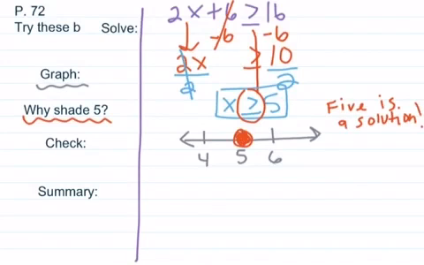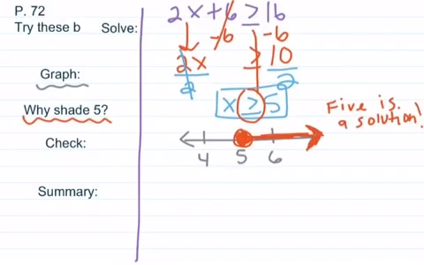Is 5 greater than or equal to 5? Yes, it's equal to 5, so 5 can be a solution. What else is a solution? The numbers to the left or to the right? It says x is greater than or equal to 5, so I'm shading all of my numbers that are greater than 5. So I will shade to the right.